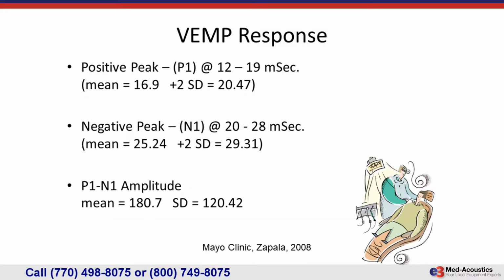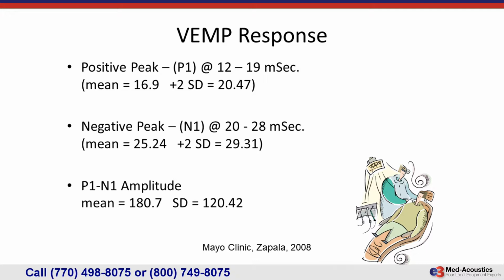The typical P1N1, that typical peak to trough amplitude, the mean of this one study was 170 microvolts, 180 microvolts, but you see the standard deviation is 120 microvolts. So it varies quite a bit from one person to another.